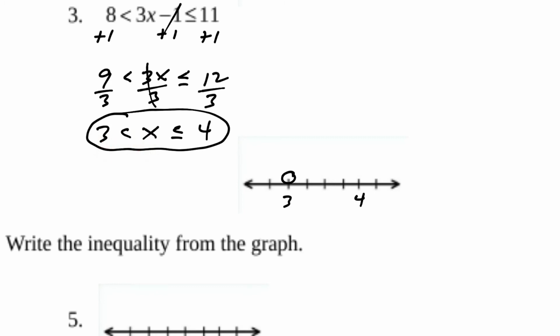So there's our open circle at 3. And then we do have our equal to bar on this inequality, so we need the solid circle at 4. So we draw the solid circle at 4. And then again, our solution is all the x's, all the real numbers x that are between 3 and 4. So we just shade in between 3 and 4.